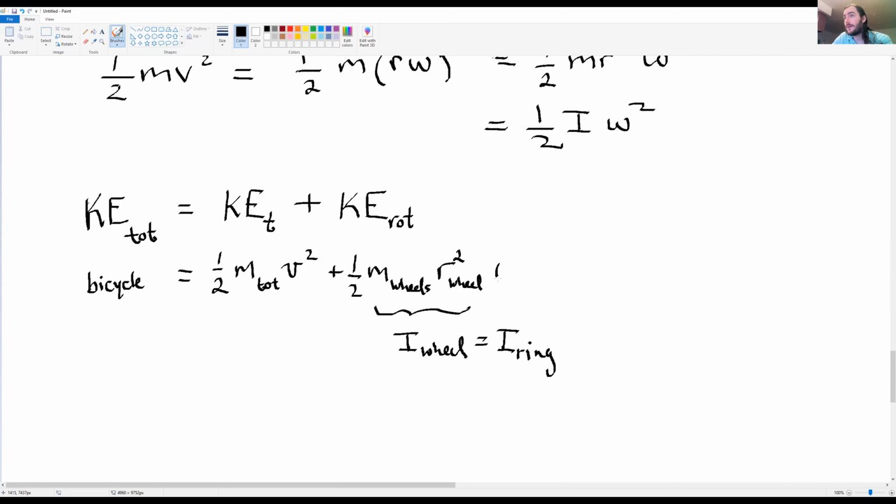And then I forgot the omega squared there, but oh wait, no, we already took care of that. No, we're done here. So the kinetic energy of a bicycle, for example, might look like this.